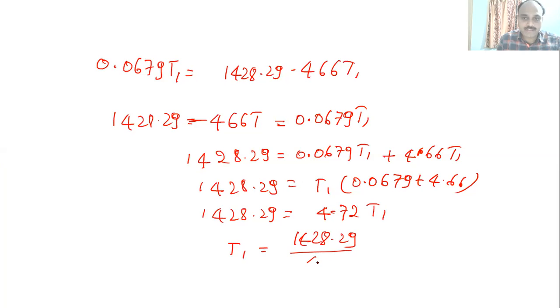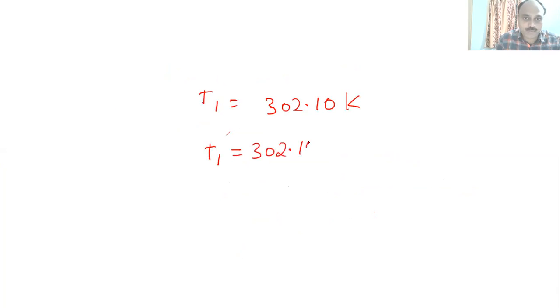Now T1 is equal to 1428.29 divided by 4.72. So further, T1 is equal to 302.10 Kelvin, and further you can convert this into degrees Celsius: 302.10 minus 273 will give you T1 is equal to 29.1 degrees Celsius.